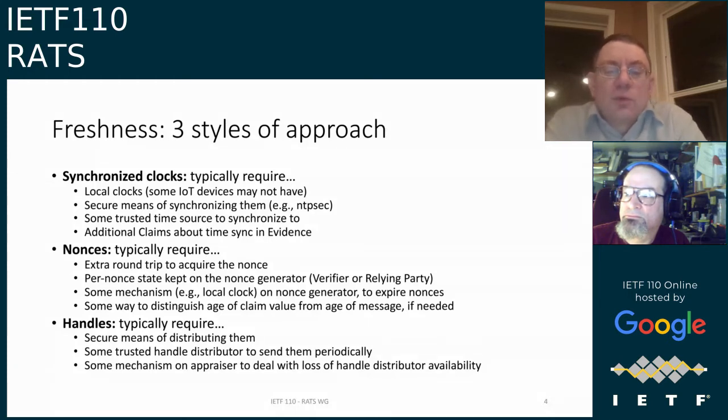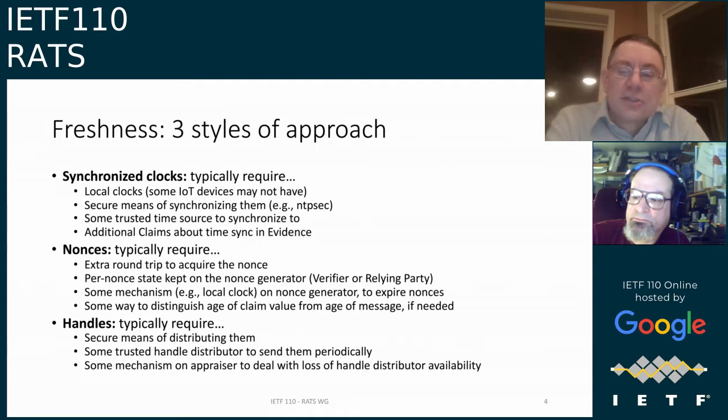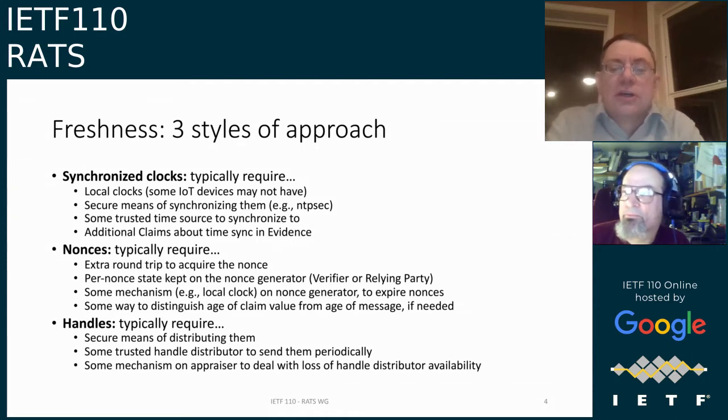But if you're going to design something to work with attestation, then you should be aware that there are different styles of approach and different solutions that you might have to be agnostic about, because there are different trade-offs here. You're trying to optimize for state or latency or minimize dependencies, and you pick a different approach in any particular solution. This is just the architecture, not the solution document.